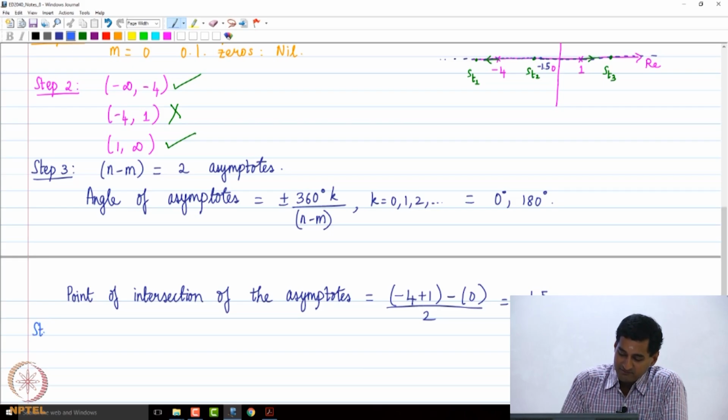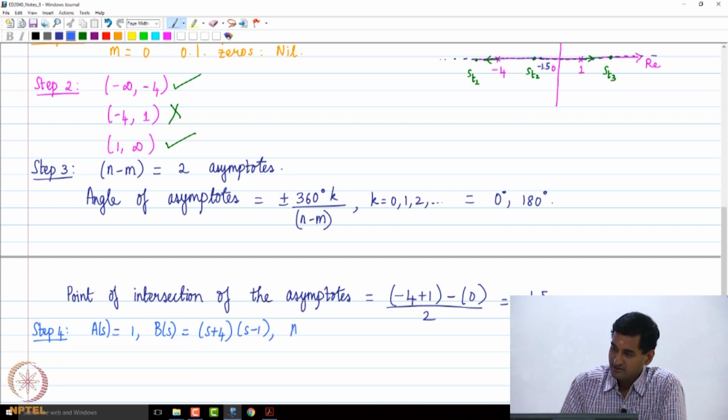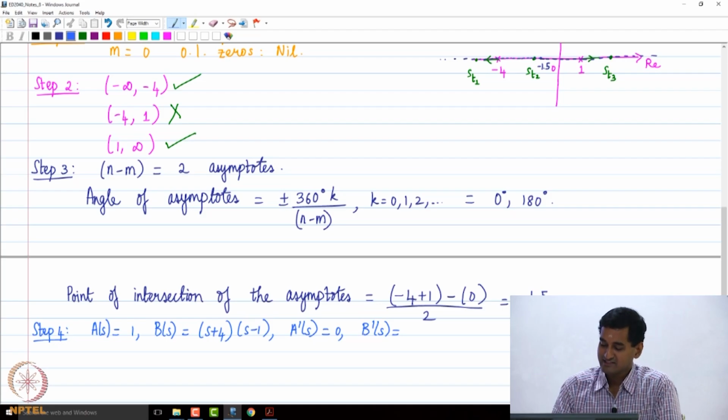Now, let us go to step 4. Step 4 is once again going to be breakaway and break-in points. The structure is still the same. A of s is this, B of s is going to be s plus 4 times s minus 1, A prime s is going to be 0, B prime s is going to be equal to what did we get last time?